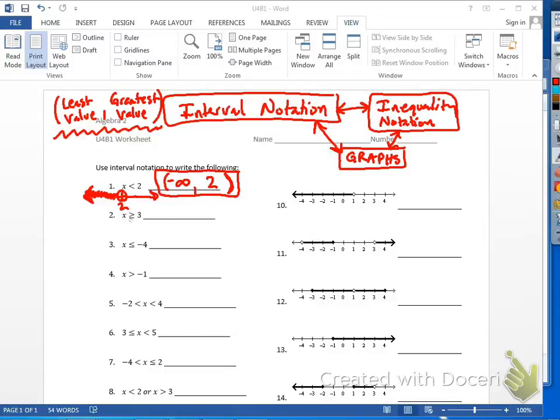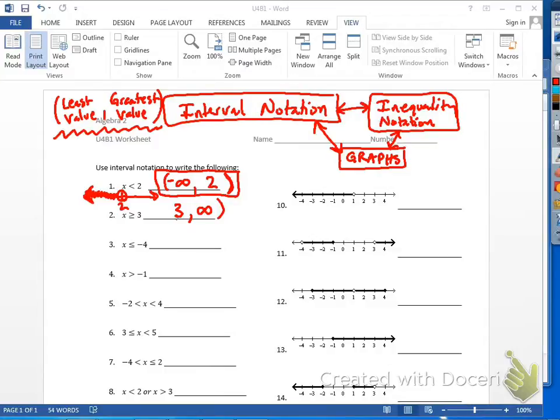What does this mean? X is greater than or equal to 3. X can be anything greater than 3. So what is the least number x can be? 3, comma, and how large can x be? Infinity. So with infinity, I always use parentheses. With infinity or negative infinity, I always use parentheses.